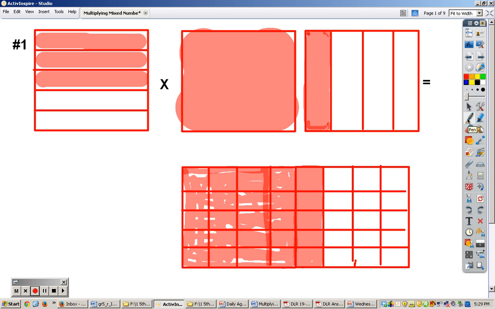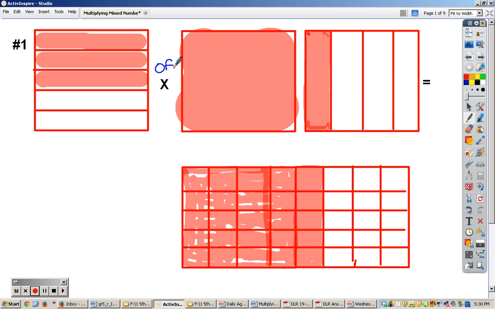Because remember, with a fraction, this multiplication means the same thing as of. 3/5 of 1 1/4. So we have 1 1/4 filled in now. Now we have to figure out what is 3/5 of 1 1/4.